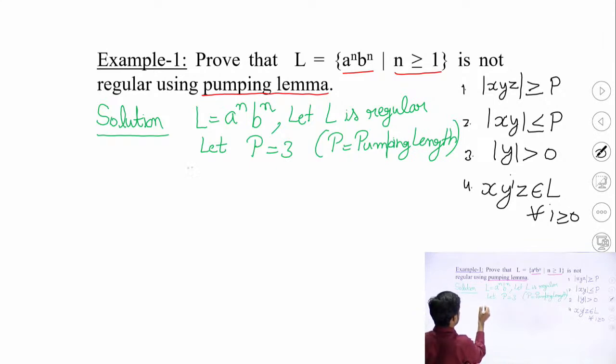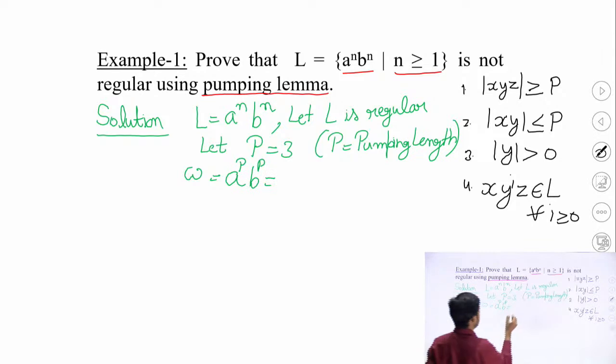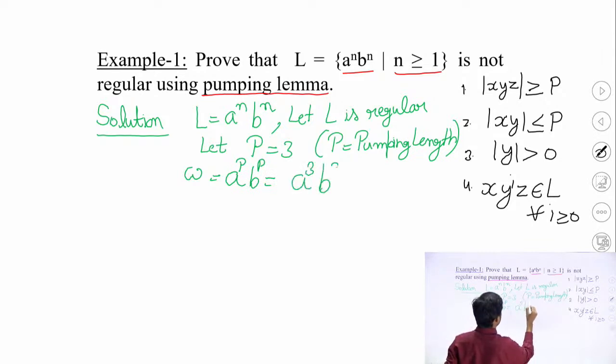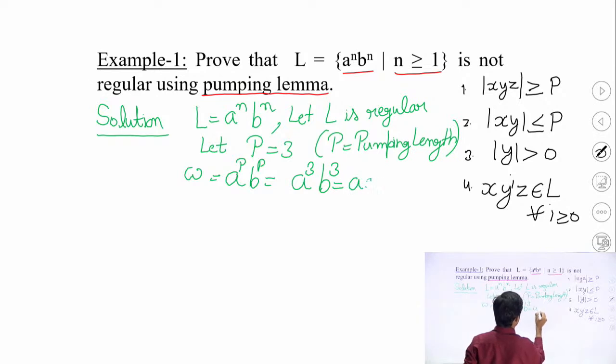Now suppose w equal to a raised to power p, b raised to power p. Now p is equal to 3, so a raised to power 3, b raised to power 3. So just open it: a, a, a, b, b and b.